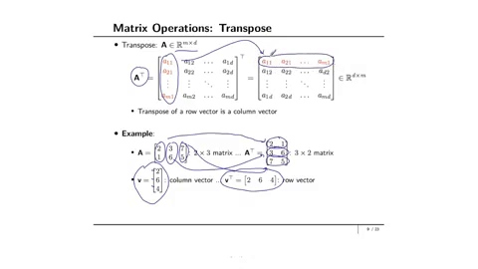So after the transposition is done, the number of columns becomes the number of rows, and the number of rows becomes the number of columns. And so a matrix which is in R M times D ends up being a matrix in R D times M. In the module on vectors, we had learned that the inner product between two vectors involves a transpose and a multiplication. So we figured out the transpose part. It's going to take a column vector into a row vector.